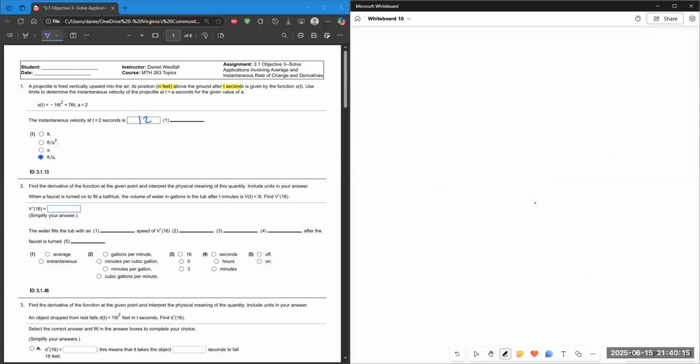We've got a flow rate here. So the volume at time t is 3t. Find v prime of 16. So v of 16 is 3 times 16, which is 48.